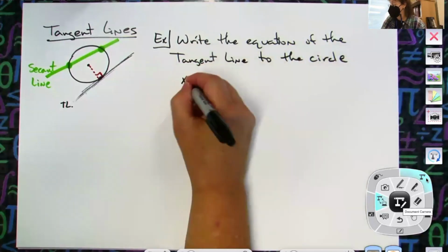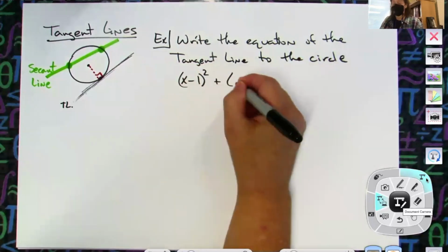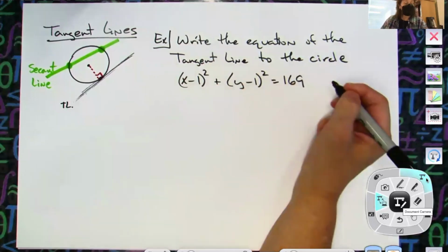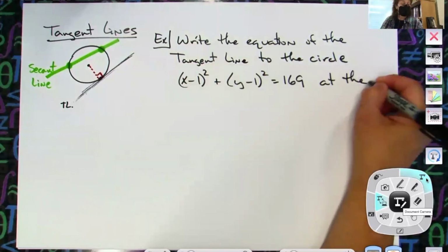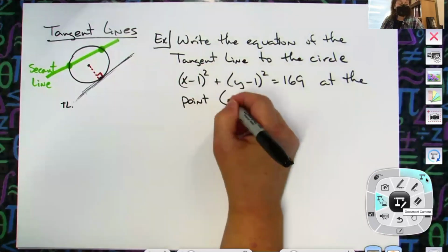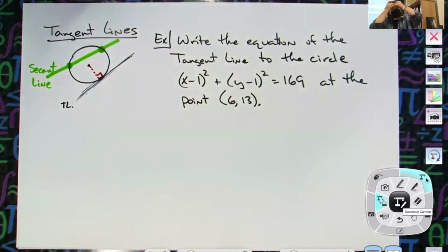Let's go with (x minus 1) quantity squared plus (y minus 1) quantity squared equals 169, and then at the point (6, 13). And again, this question is phrased the way it is because you've got to use your pre-calc knowledge to be able to do this.